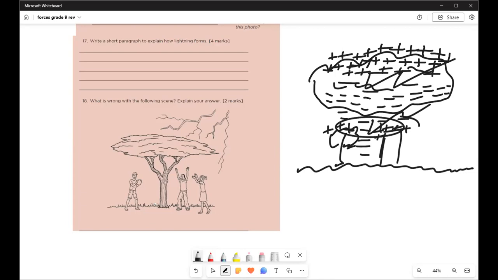So any object, any animal, anything closer to a tree will also highly likely be struck by lightning, causing fatalities when the lightning strikes the tree. So that is why this is wrong here, right? You can't play outside like this, close to the tree, if there is lightning. And you know the precautionary measures to take: avoid touching metal objects, stay indoors, avoid standing near windows, and all that general knowledge.